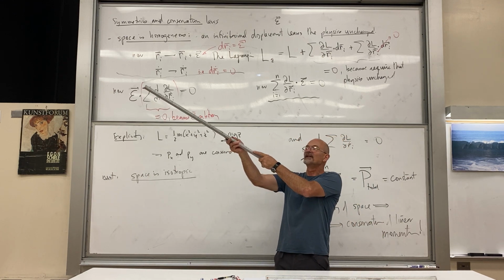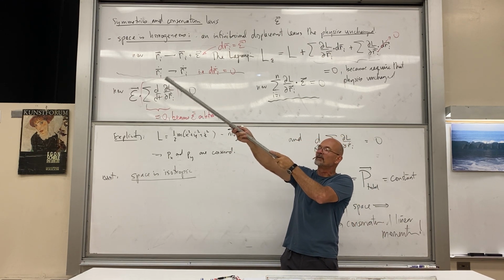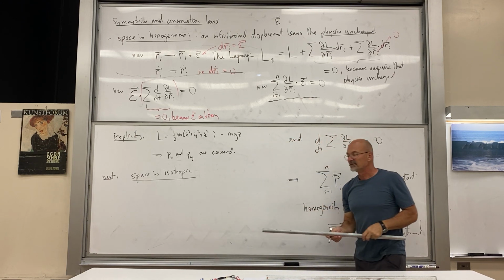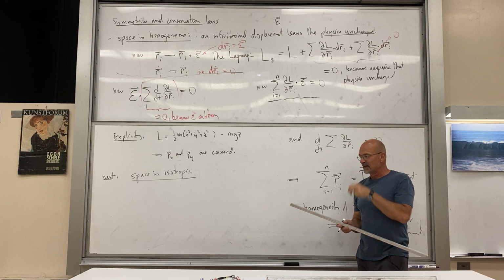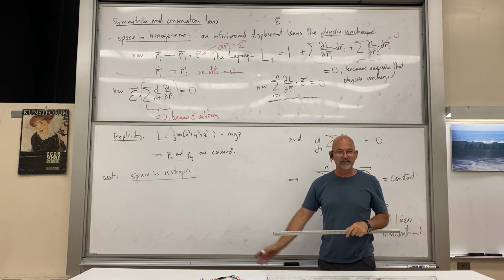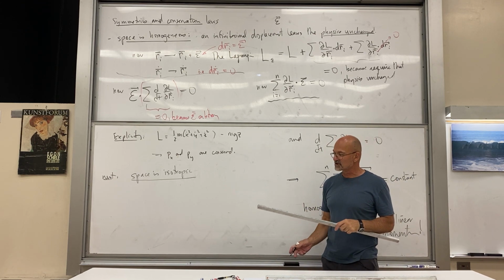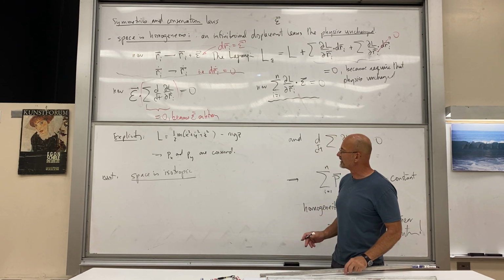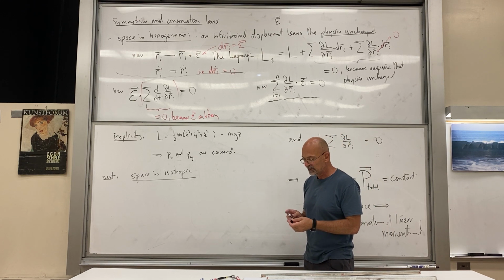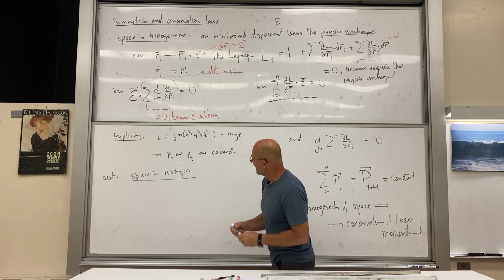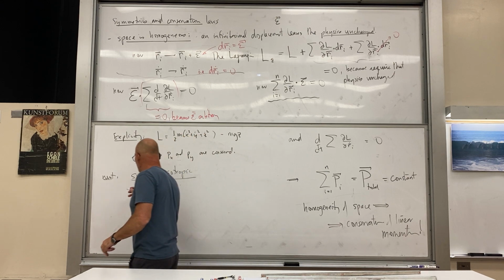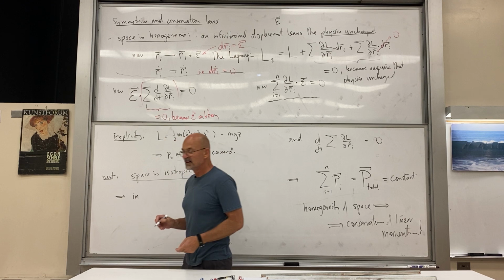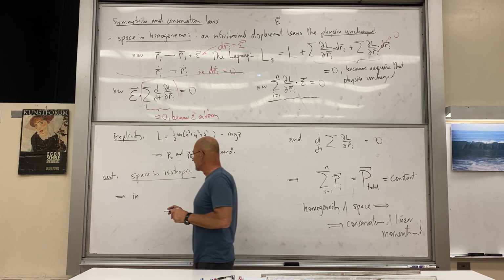Isotropic means it's independent of the direction. So if I point my experiment here versus pointing it there, it's not going to change the physics. Of course, if you're in a non-inertial system, it certainly does change the physics. Just imagine you're on a rotating turntable. So you have to be in an inertial system, and so space is isotropic. So we say an infinitesimal rotation should leave the system and its physics unchanged.